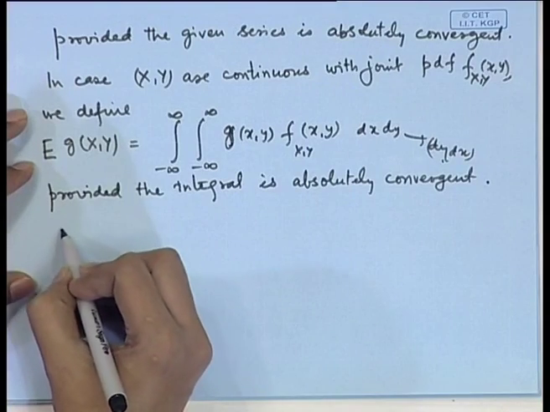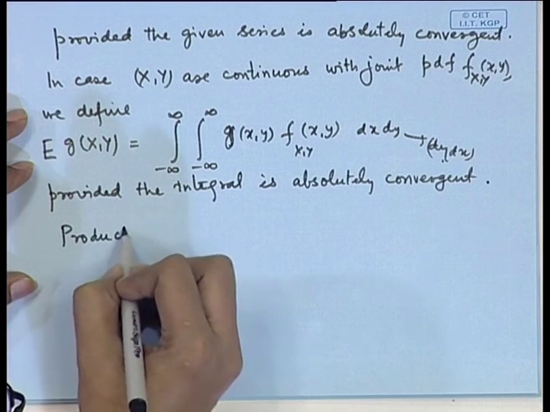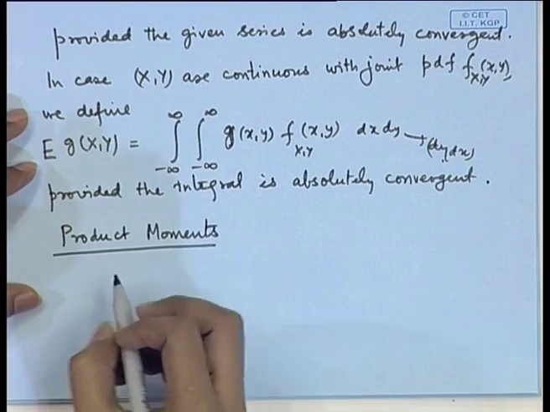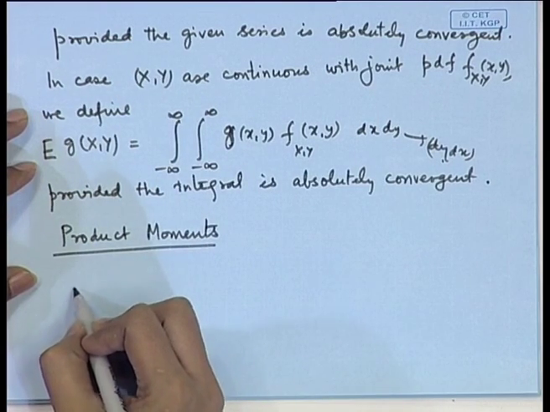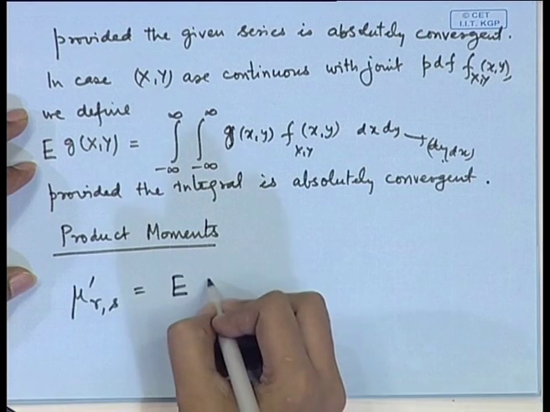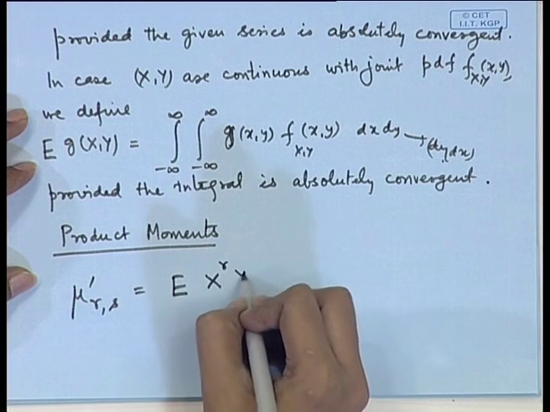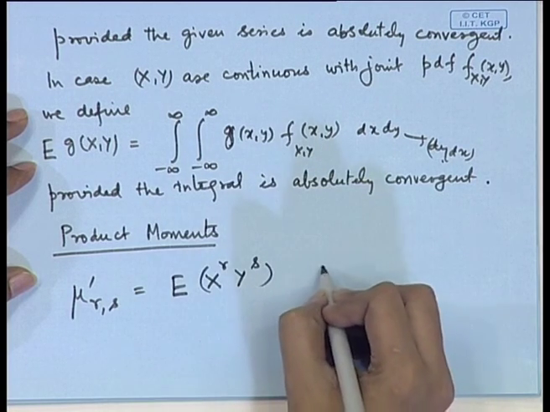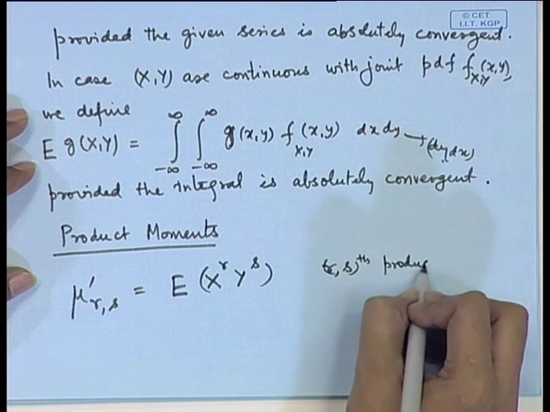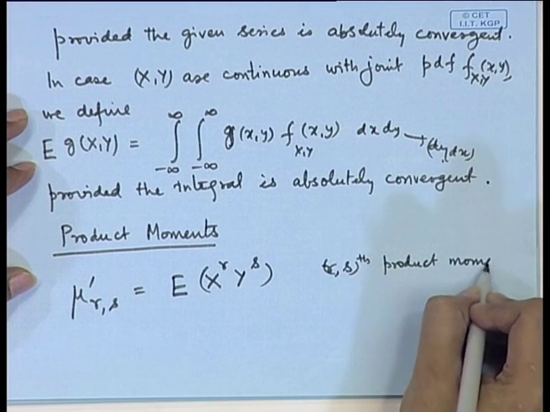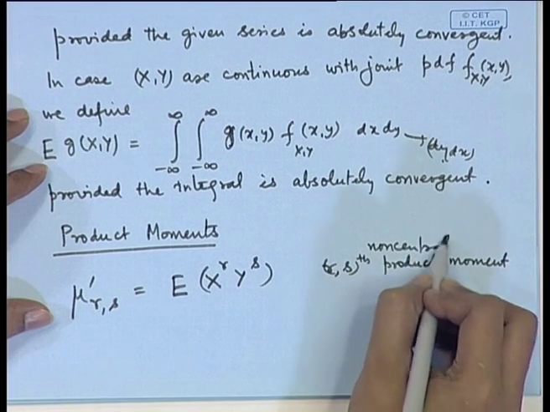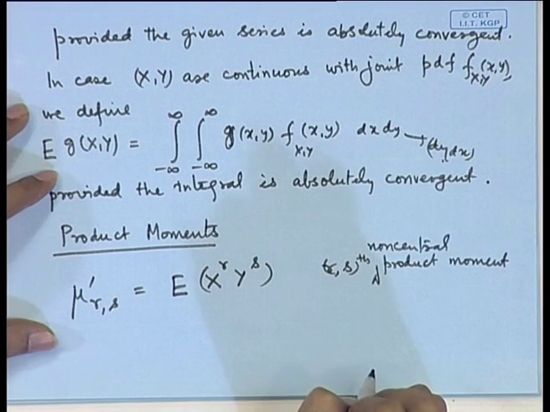Now, in particular we will be concerned about product moments. So, we define mu_{rs}' as expectation of X to the power r, Y to the power s. This is the r-sth product moment. Now, this is a non-central moment, as we had seen in the univariate case also, we can define central and non-central moments.